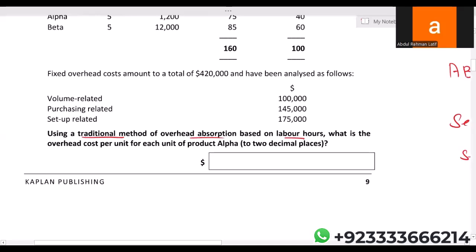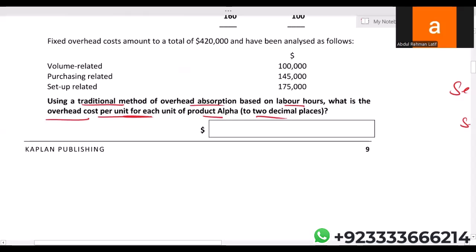Using a traditional method of absorption based on labor hours, what is the overhead cost per unit of product alpha to 2 decimal places?